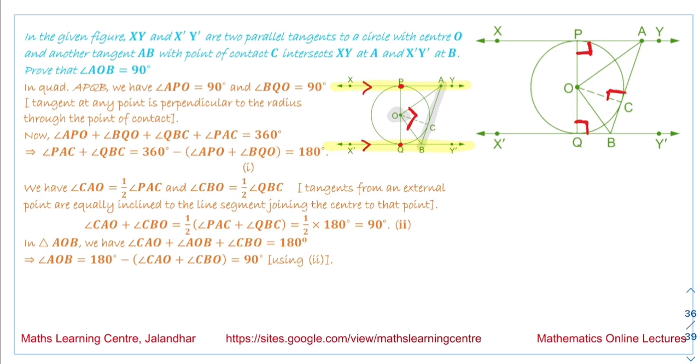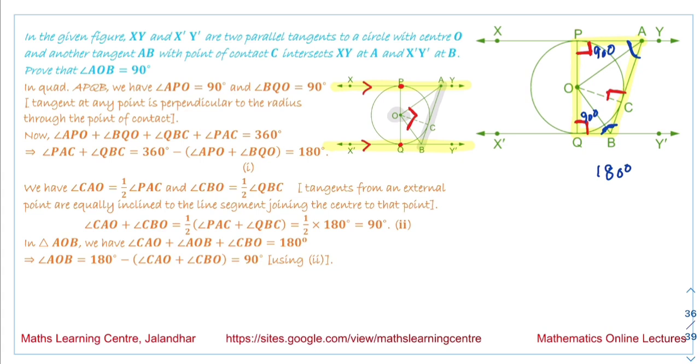Now if we look at the quadrilateral APQB, with two angles of 90 degrees each, the sum of the angle at A and the angle at B will be 180 degrees.